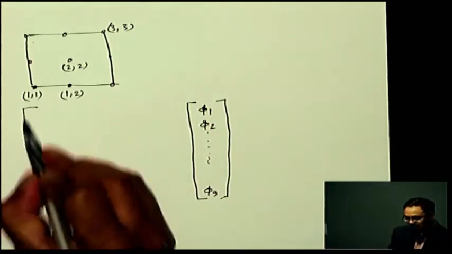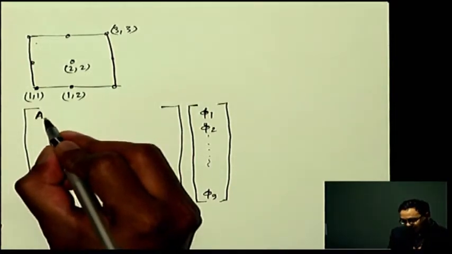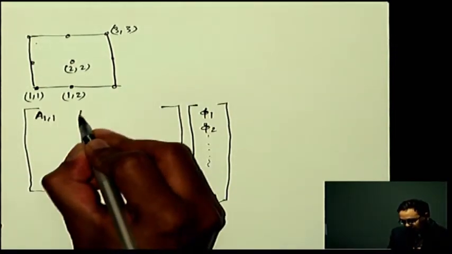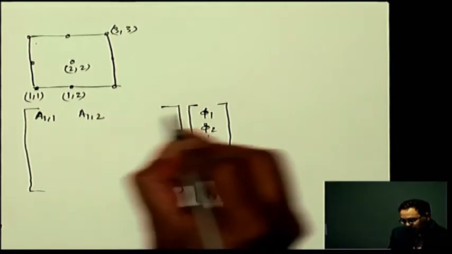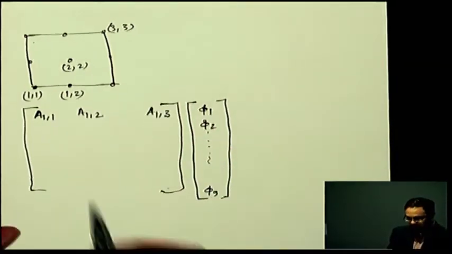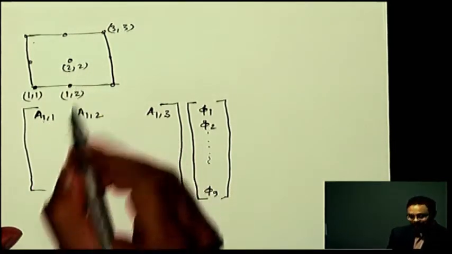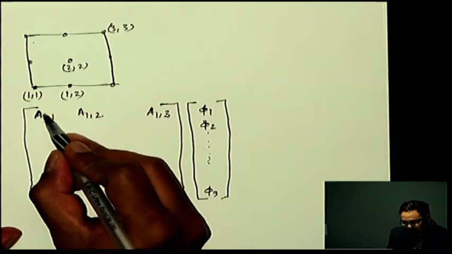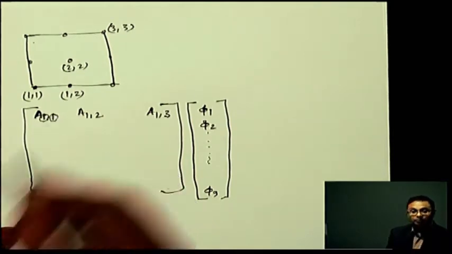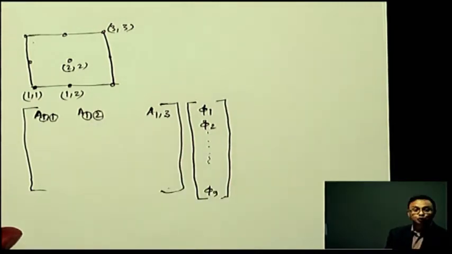Similarly, the coefficient matrix here will have A1,1, A1,2, A1,3, and so on. This comma here is not the same as that comma there. This is simply saying how node number 1 connects to node number 1, how node number 1 connects to node number 2.